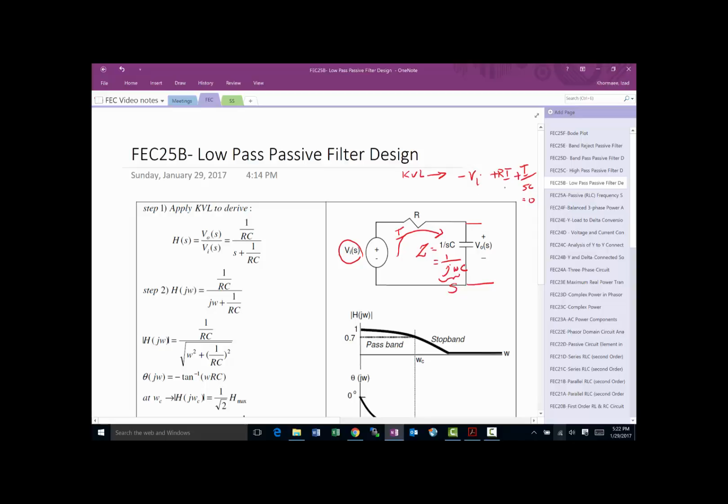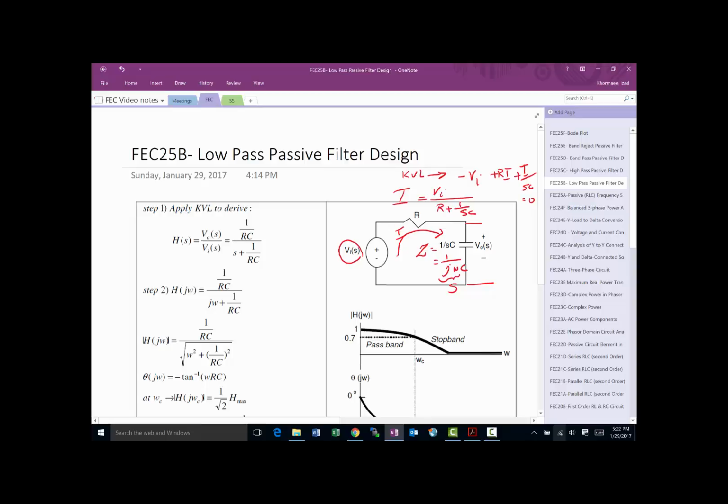If we clean it up, we find I is equal to Vi over R plus 1 over SC.